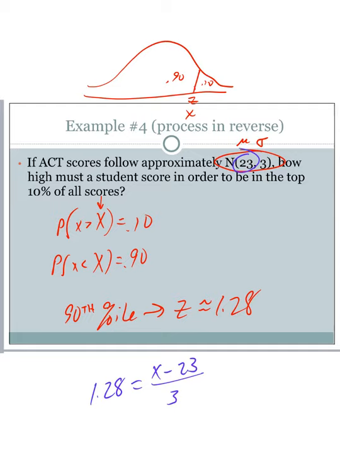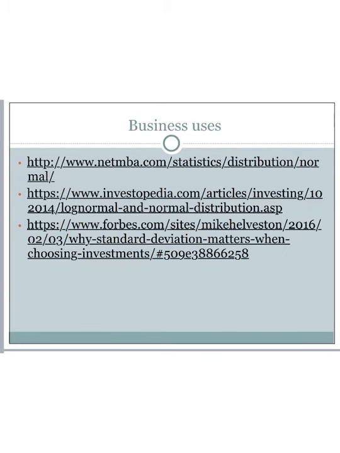We perform a little algebra here, and that would tell us that the ACT here would have to be about 26.84, or roughly an ACT of 27. But you can just leave it at 26.84. No need to round right now. So that would just be going the other direction from percentile back to x.